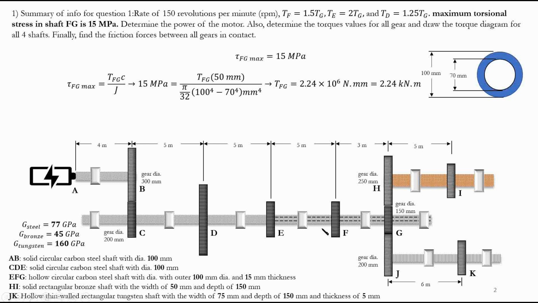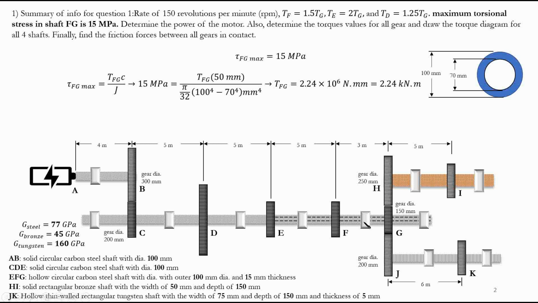The relationship is given between T_G, T_F, T_E, T_D, T_C. It's not about T_FG. Remember that the torque value you have for a portion is not really relevant to T_F or T_G, T_E, T_D, T_C. Of course, there's a relationship when you're drawing the torque diagram, but it doesn't mean that, for example, T_F is equal to T_FG.